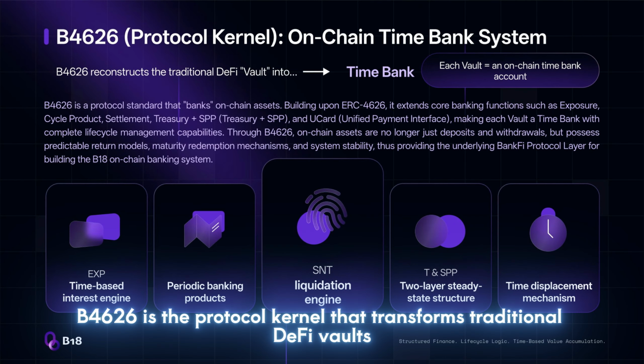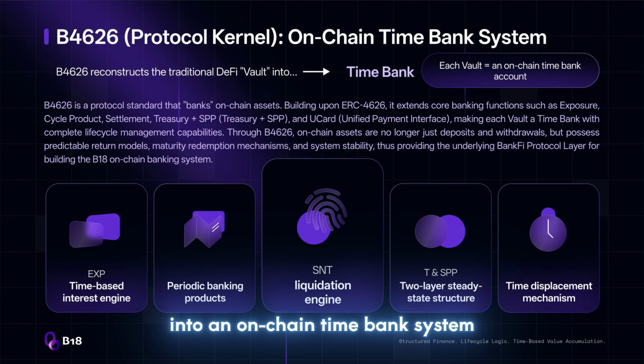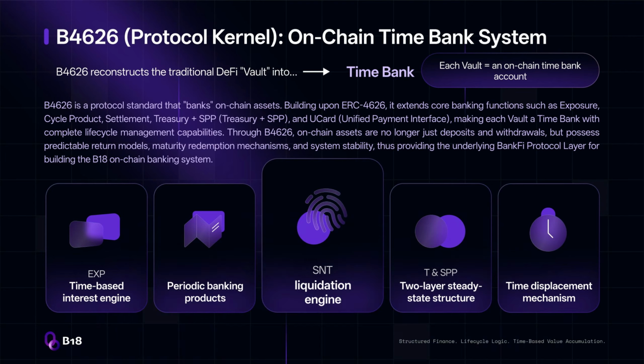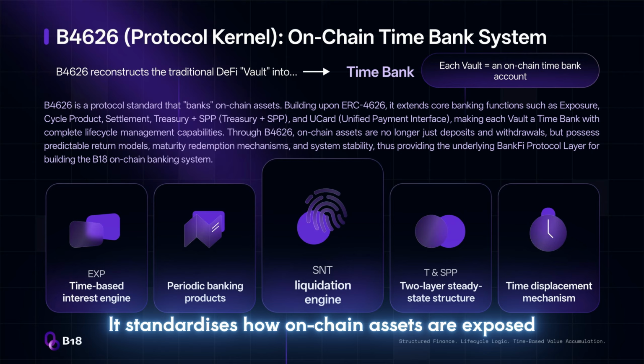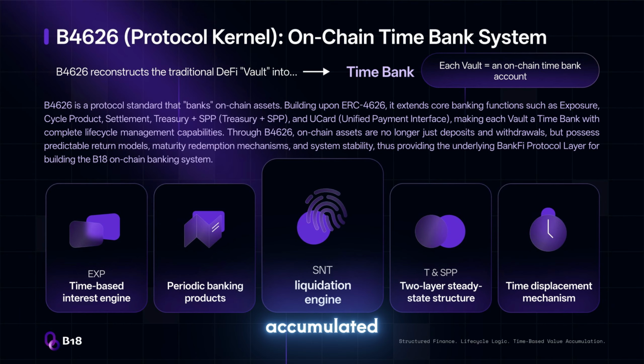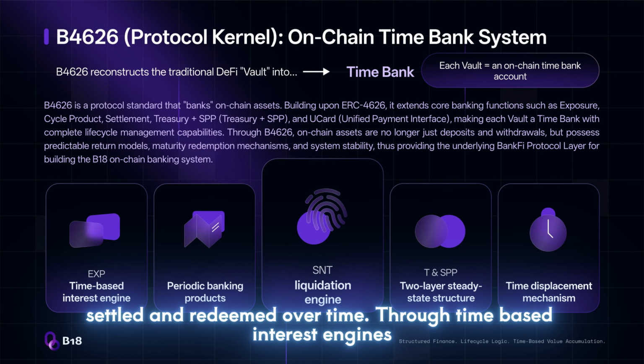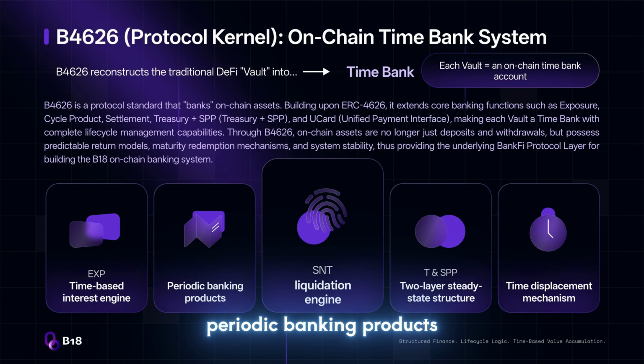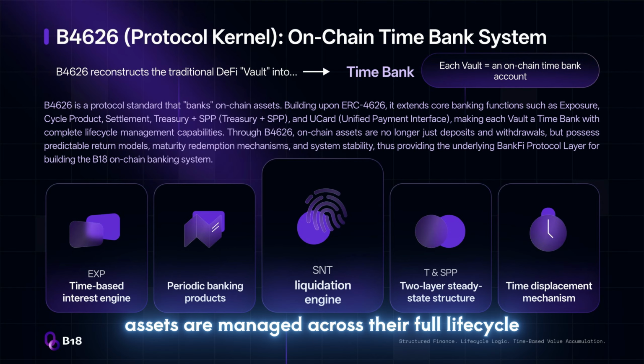B4626 is the protocol kernel that transforms traditional DeFi vaults into an on-chain time bank system. It standardizes how on-chain assets are exposed, accumulated, settled, and redeemed over time. Through time-based interest engines, periodic banking products, and a native liquidation engine, assets are managed across their full life cycle rather than simple deposits and withdrawals.